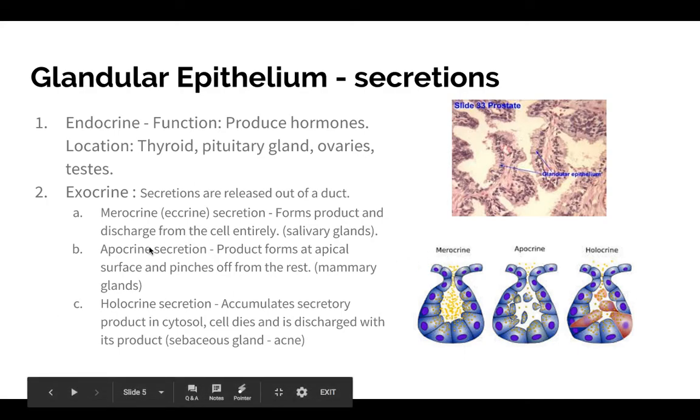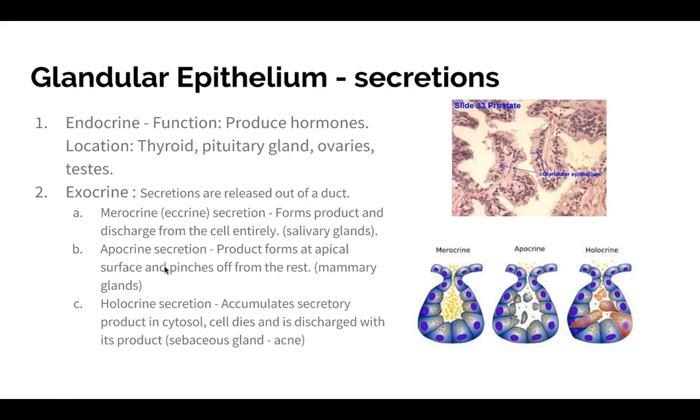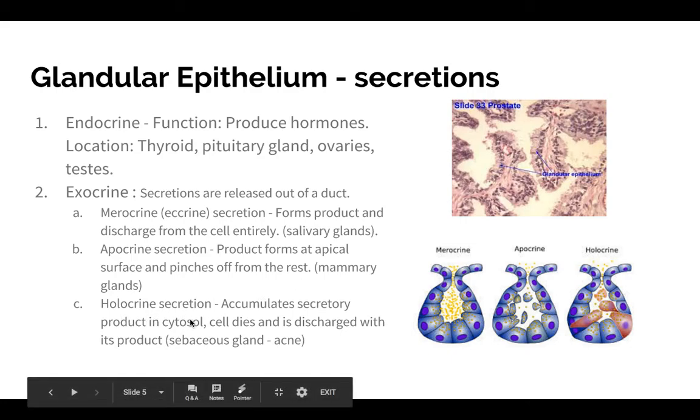The next type of secretion would be an apocrine secretion. This product forms at the apical surface, and it pinches off from the rest. So we can see here that the product is forming at the surface, and then it's pinching off and being released out. The type of glands that go through this kind of secretion are the mammary glands. The last type of gland we're going to talk about today is the holocrine secretion.